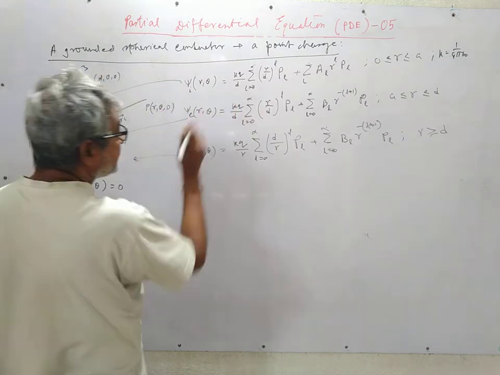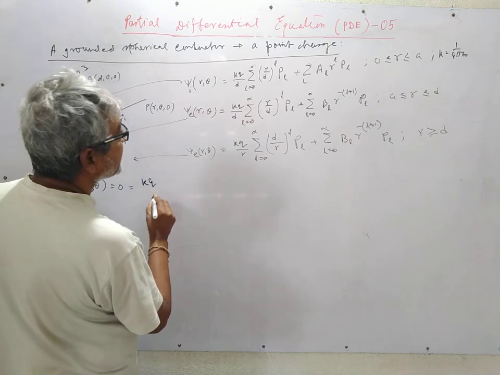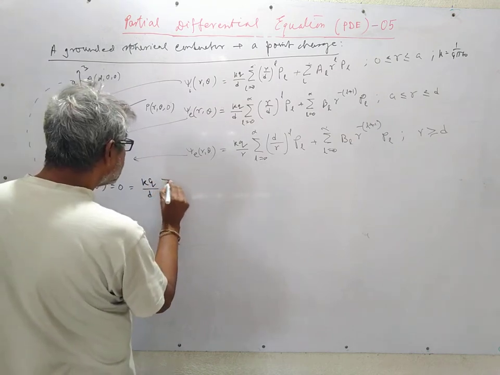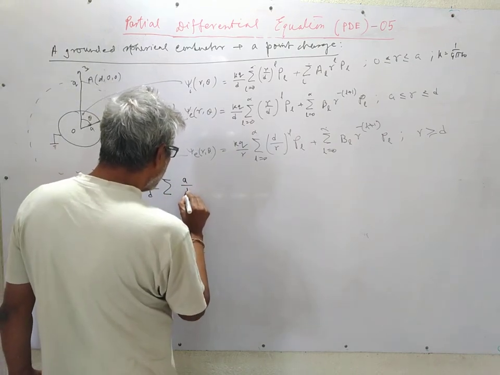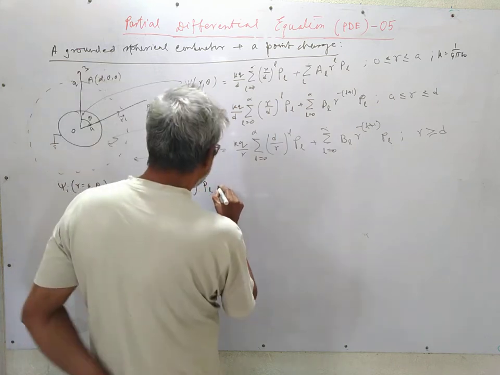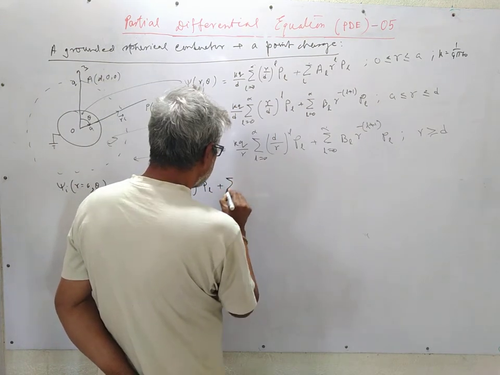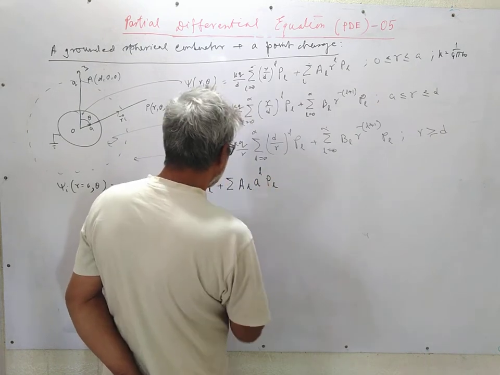If we apply this result, we get KQ by d summation over L of (a by d) to the power L PL plus summation over AL a to the power L PL cos theta.